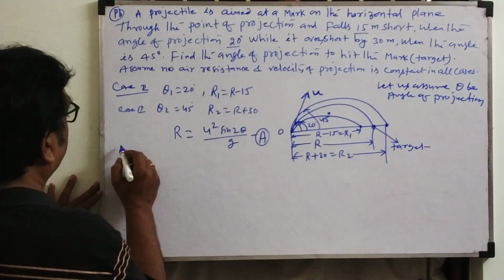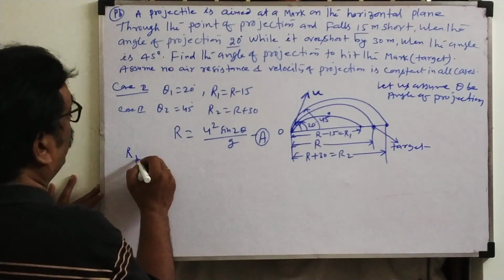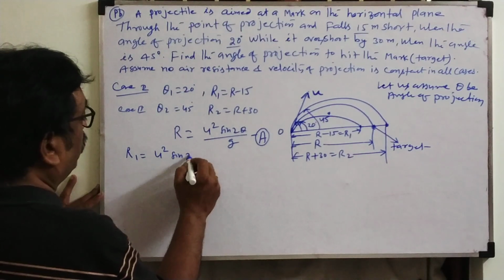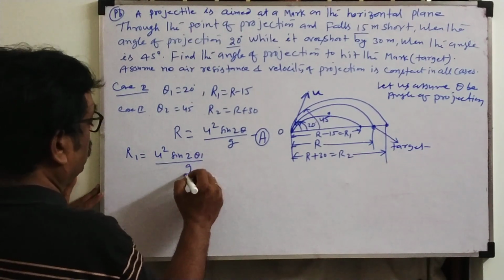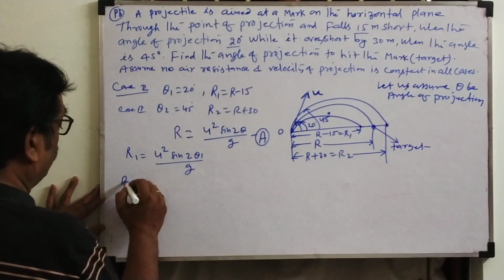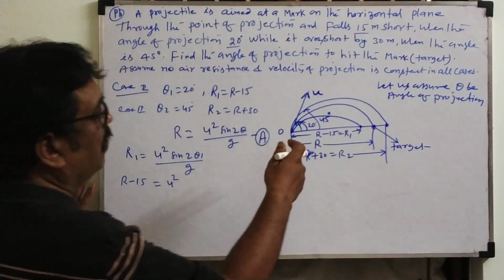So case 1, what is it? R1 is equal to U square sine 2 theta 1 by G. So what is R1 here? R minus 15 is equal to U square sine 40 degrees by G, since velocity is constant for all the cases.